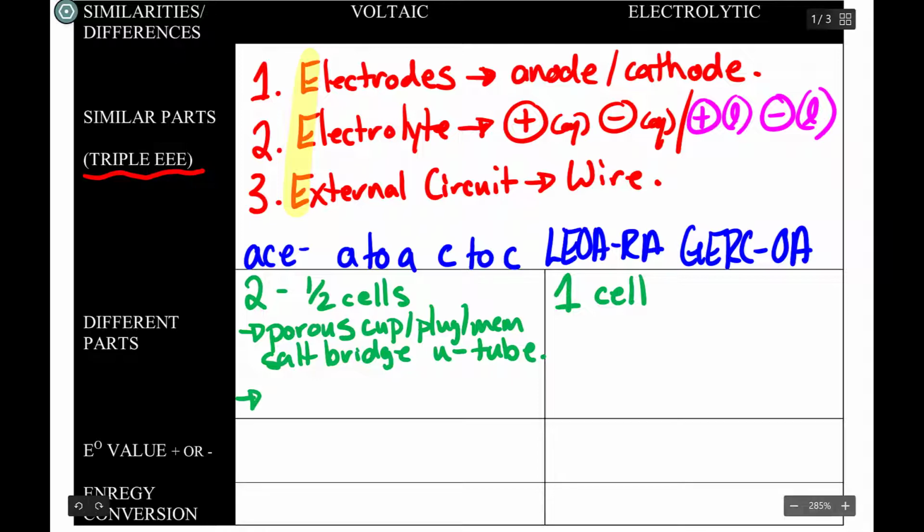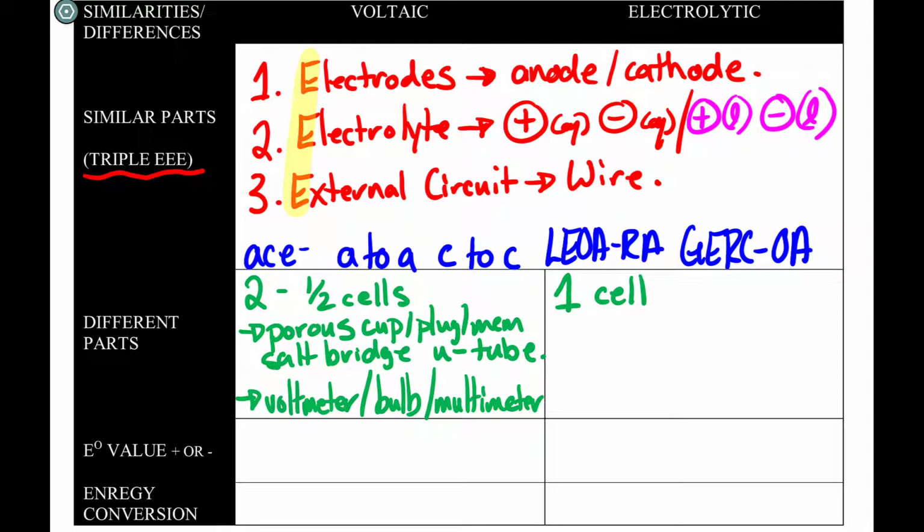Voltaic cells also will usually have a voltmeter in the picture, or maybe a bulb, or maybe a multimeter as part of the picture in the middle of the wire. Whereas in an electrolytic cell, you're going to have some kind of power source. Okay, so there's going to be some power available.